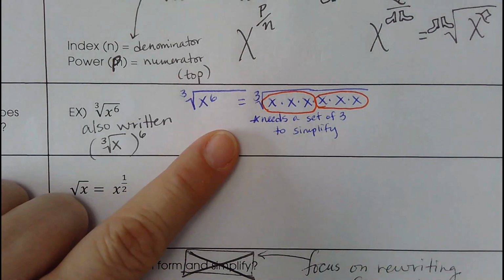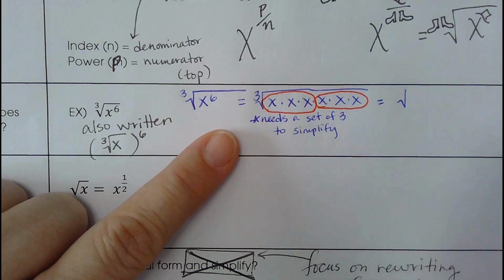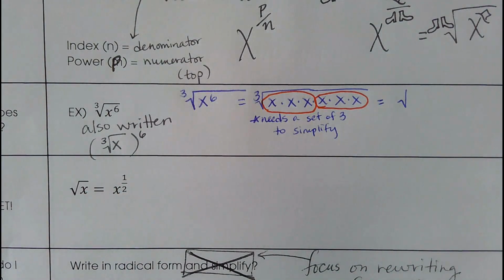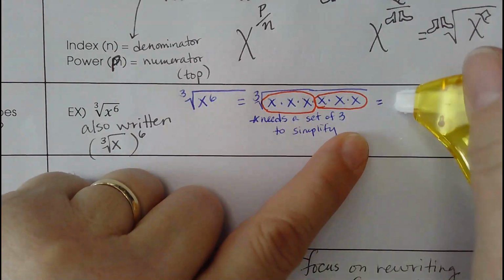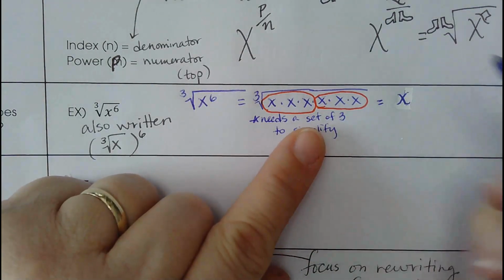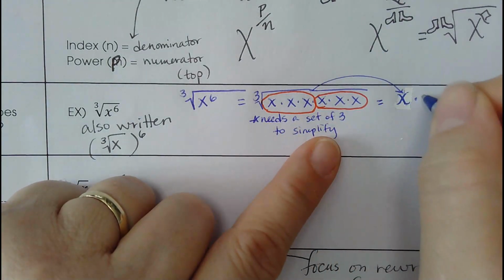So I could rewrite this as one x to represent this first set, and another x to represent the second set.